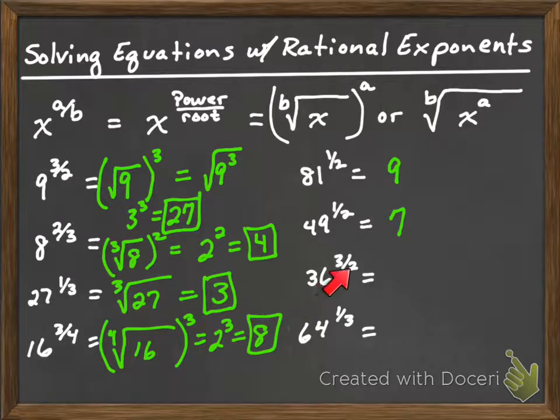This one we need to take the square root of 36, which is 6, and then raise that to the 3rd power, which is 216. And then the last one here just means a cube root raised to the first power. So the cube root of 64 is 4. Raised to the first power is still 4.